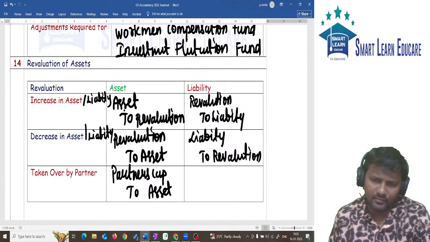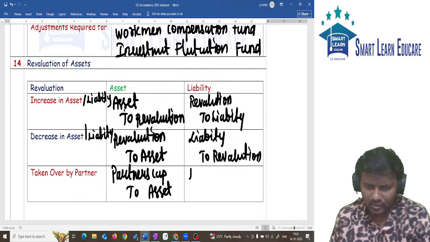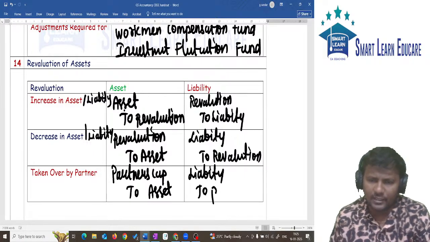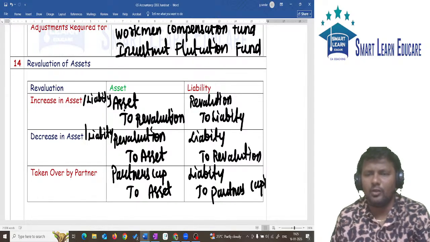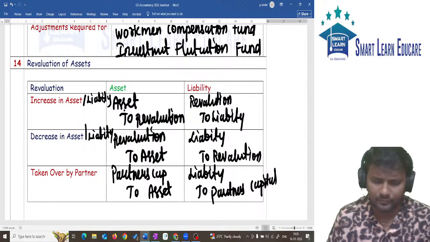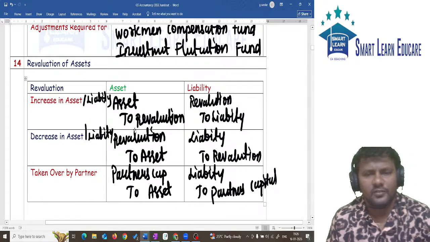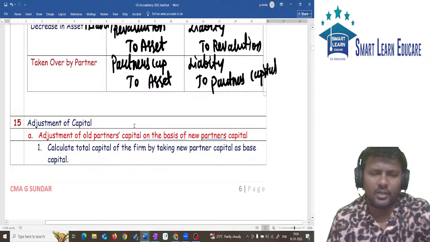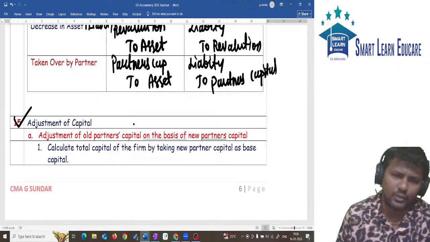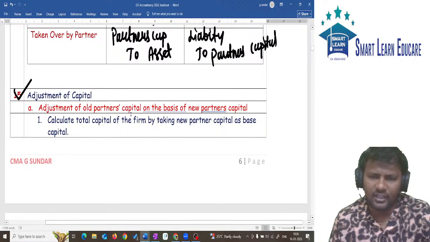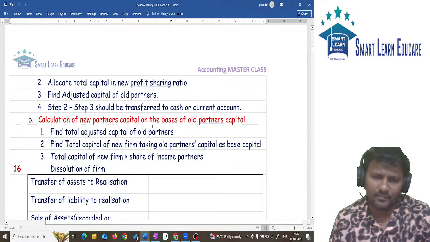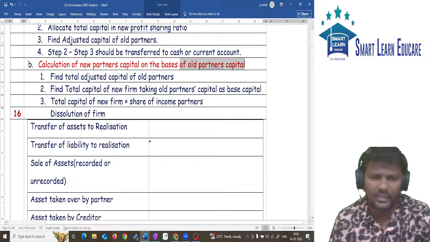Liability paid by partner: liability account debit to partners capital. Capital proportionate adjustment, already told. Either we can take new partner capital as proportionate base capital or old partners capital as base capital.